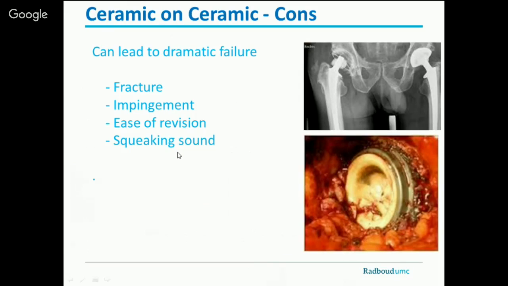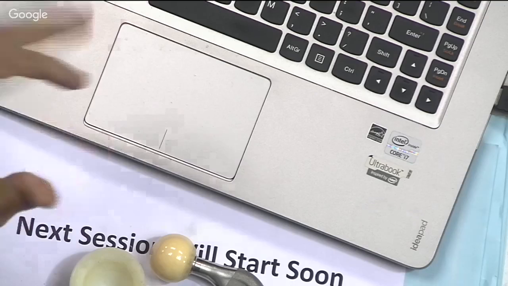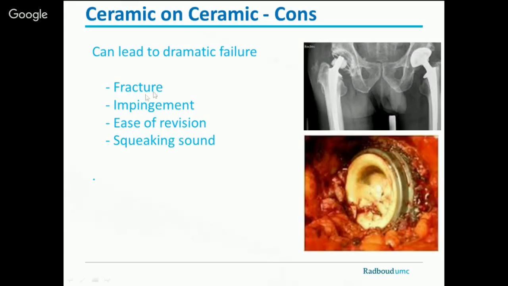However, there are some problems with ceramic. I mean, if I do this, we worried that this would get squashed. And that happened also. So here you can see an X-ray of a femoral head that has gone away, basically. So you can see here in surgery, you have all these fragments, which is quite devastating, of course, and of course the device has to be revised, and it's really very problematic.